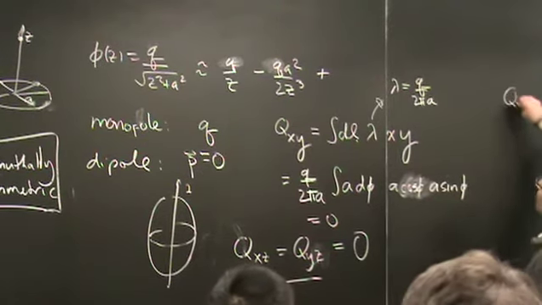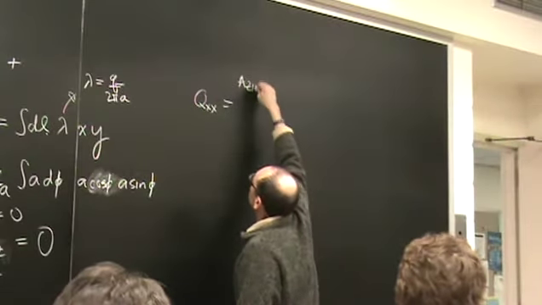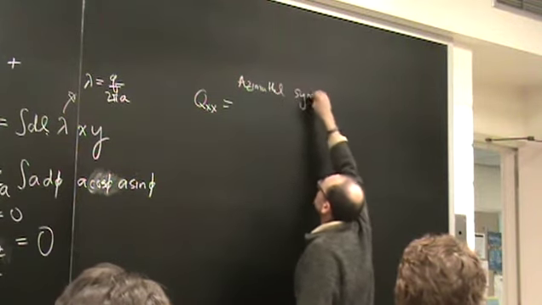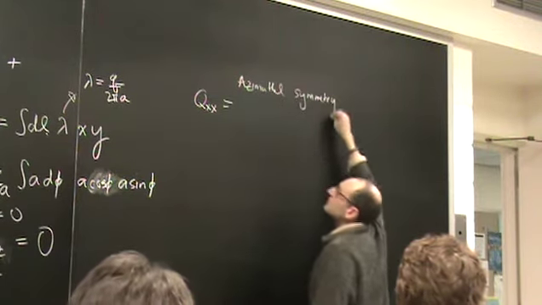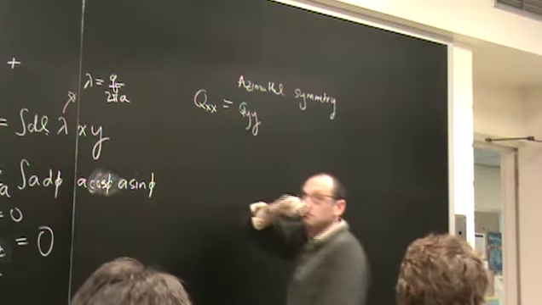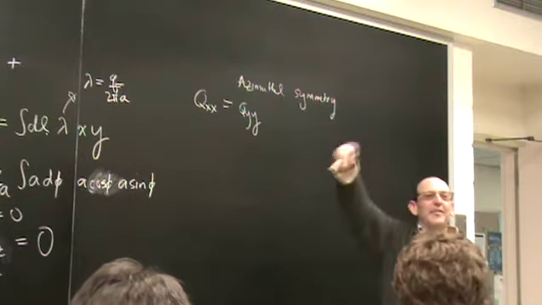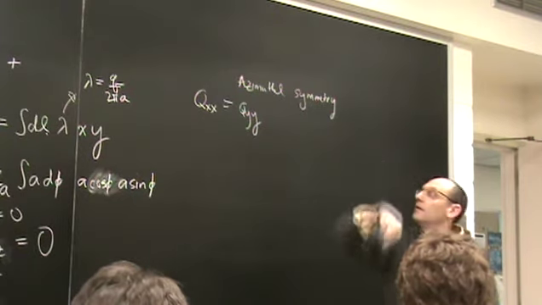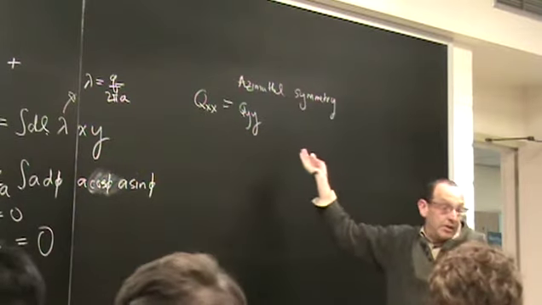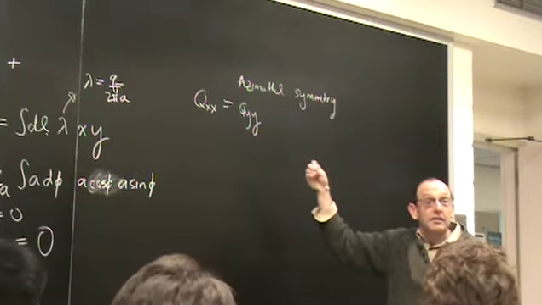Well, if I have azimuthal symmetry, then there's no difference between x and y. That's what it means to be azimuthally symmetric. So these have to be equal because x and y are equivalent.